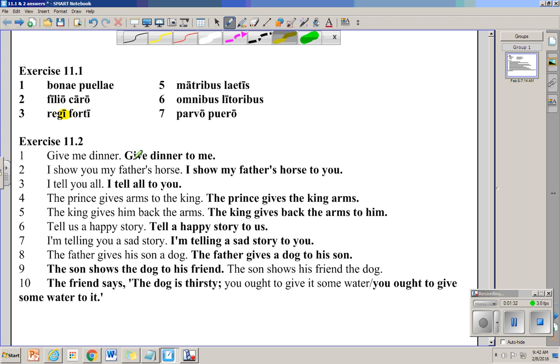And then for exercise 11.2, I would really prefer that you go with the answers in bold, which is closer to the Latin syntax. Give the dinner to me. The directions, in fact, said to say it both ways. I say, for now, stick with these answers in bold, since it's closer to the Latin. Make sure you see, for instance, omnia is all.